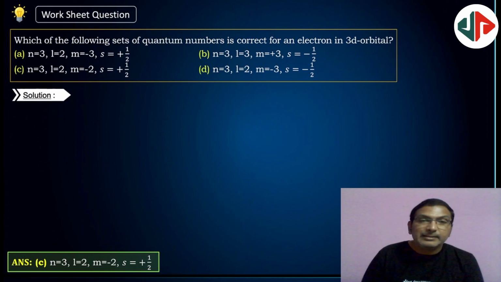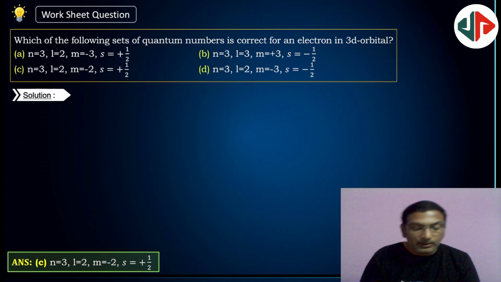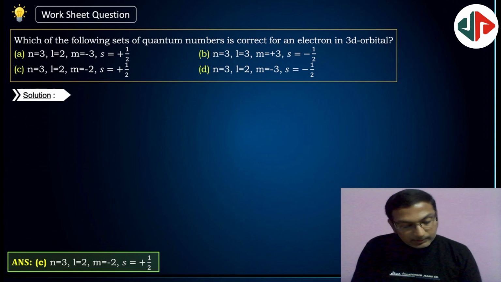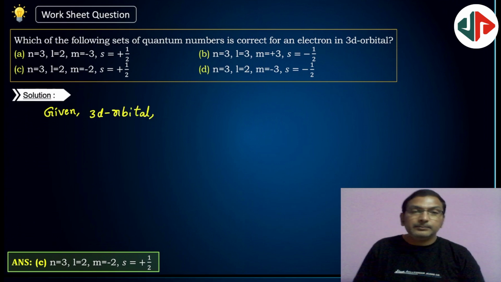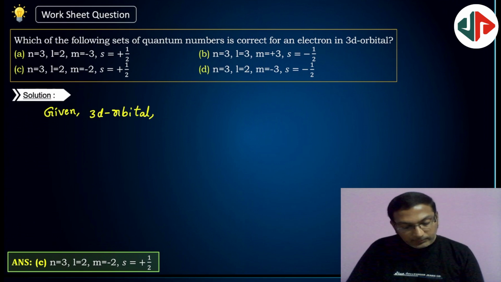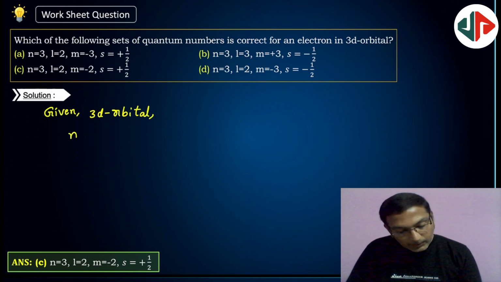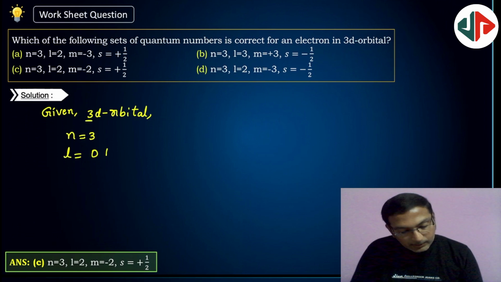Which of the following sets of quantum numbers is correct for an electron in 3D orbital? So given 3D orbital. For 3D orbital, n value equal to 3. And the l values 0 to n minus 1, that is 0, 1, 2.